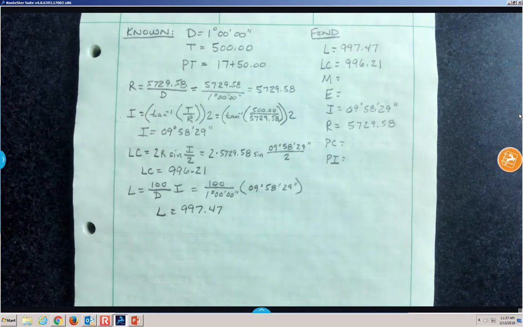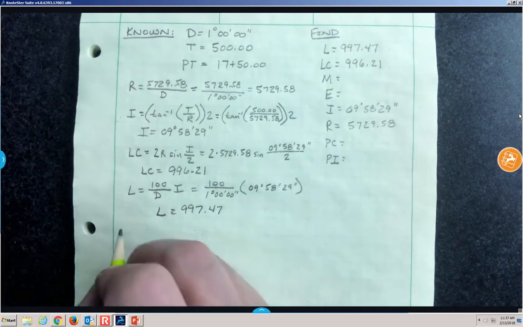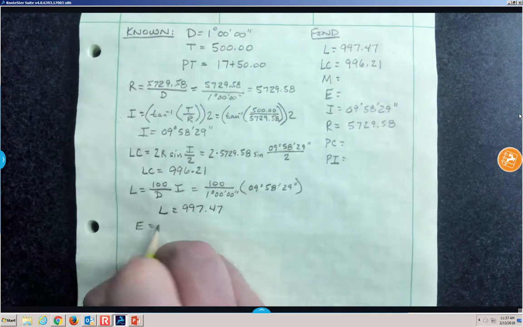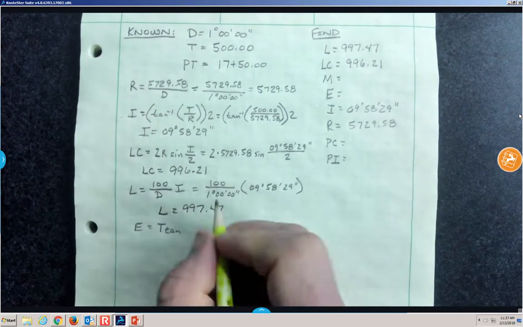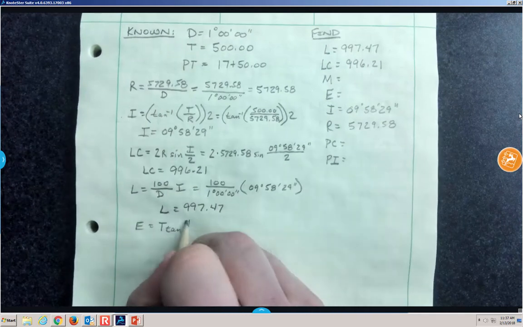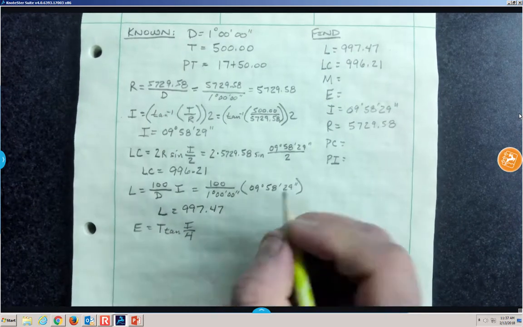Which one do you want to find next, M or E? Okay. E equals T tangent of I over 4.